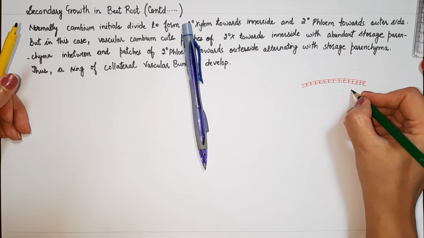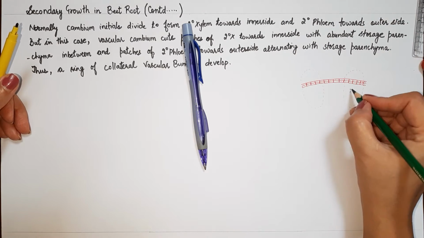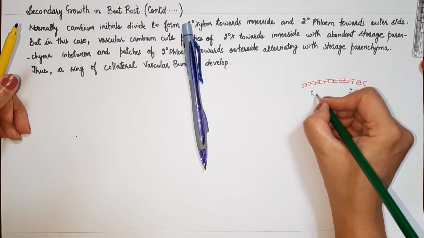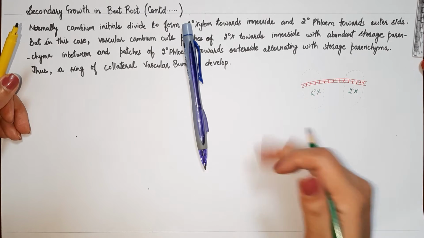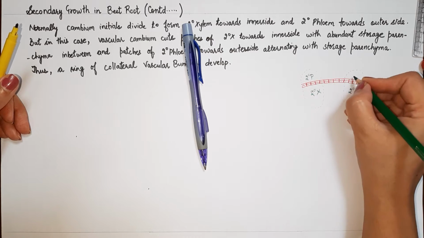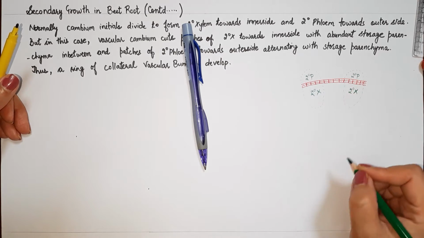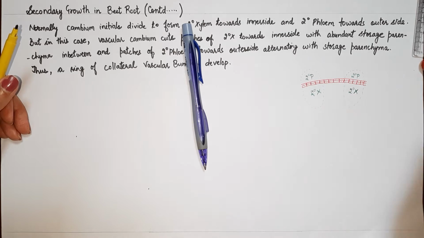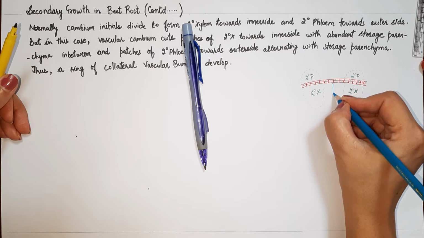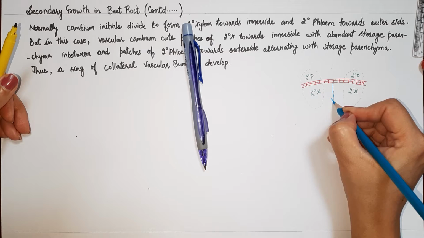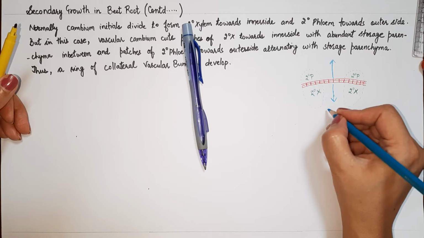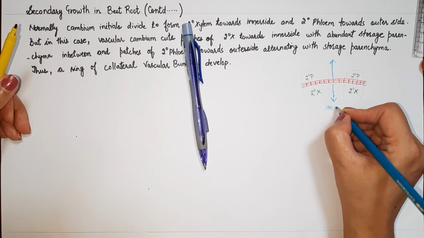We are not going to form the proper shapes of the cells. So, this will be the area of secondary xylem. Secondary xylem towards inner side and secondary phloem towards outer side. Now, these cells which are lying in between, they are going to give rise to the parenchyma towards inner side as well as towards outer side, which is called storage parenchyma.